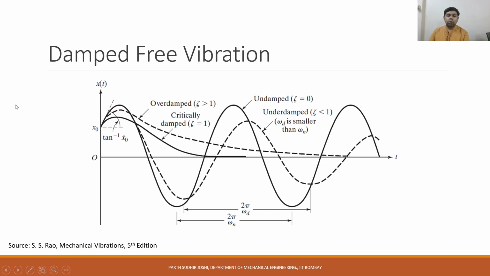Yeah, sure. So this is the general nature of the plots for the three different types of motion that we just discussed. Critically damped systems are generally preferred where we do not want any oscillations to occur. For example, there are dampers used in doors which close automatically.